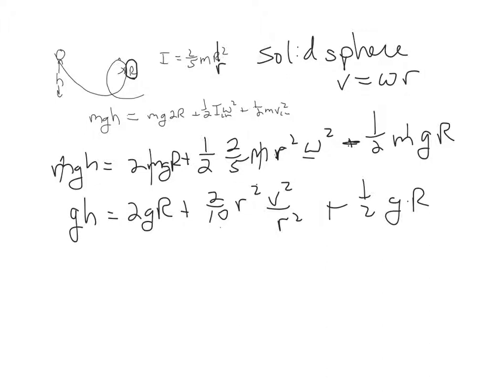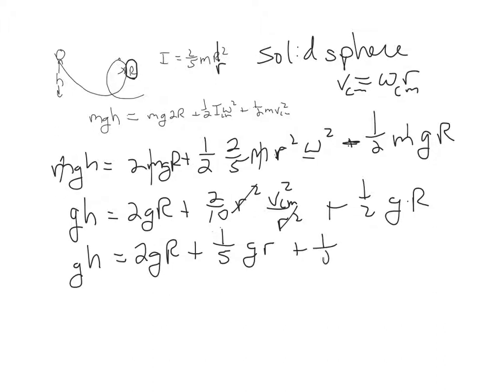Okay, so that's the next substitution. You can see that the radius of the sphere cancels out, and this is going to be the velocity of the center of mass, because this is the angular speed with respect to the center of mass. So one more substitution. That's the velocity of the center of mass, which has to be square root of gR. I'm sorry, the r's cancel.